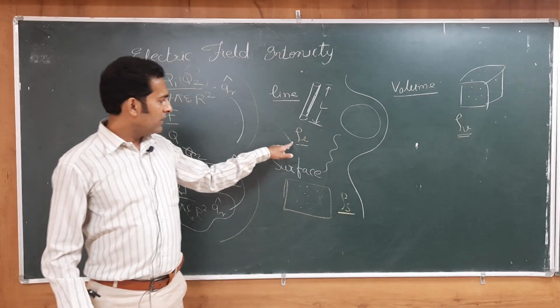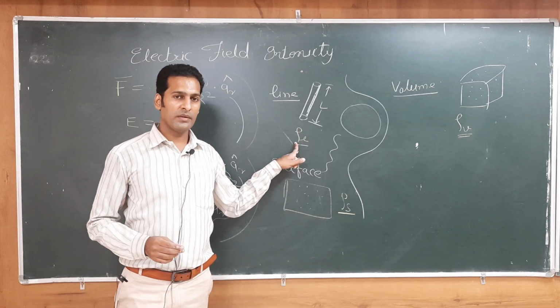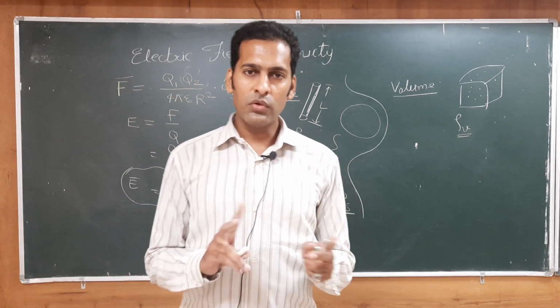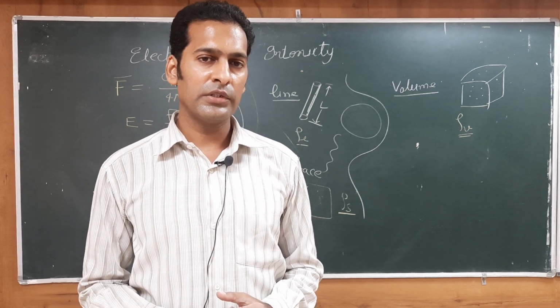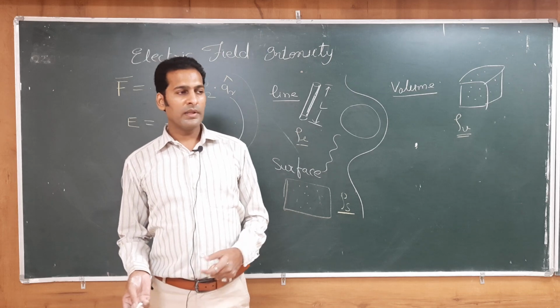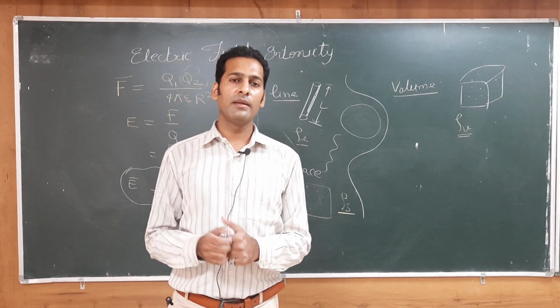Now, what is there in this charge density? For this formula also we have to understand. For all the densities, intensity and density, these two things are very much related with each other. They are closely related. Wherever there is density, there will be intensity. We say there is light intensity. At the same time, we can say there is light density.